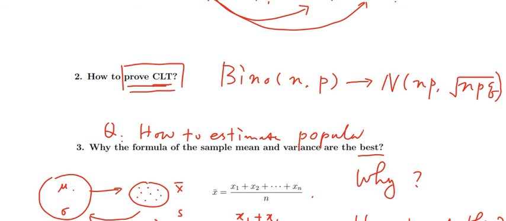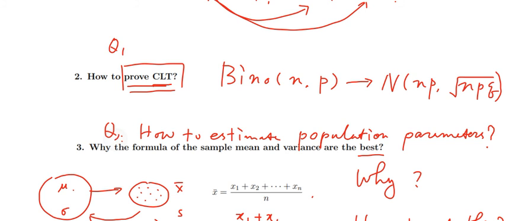Some indices we call population parameters. How to estimate the population's parameters, how to estimate mu, how to estimate sigma. So we put this as question 2.